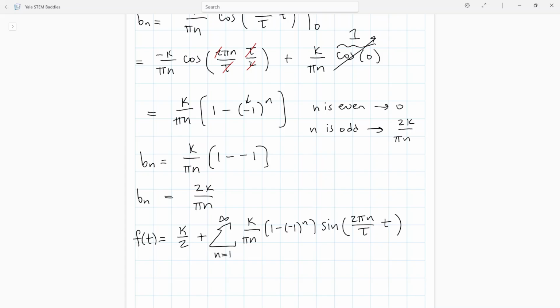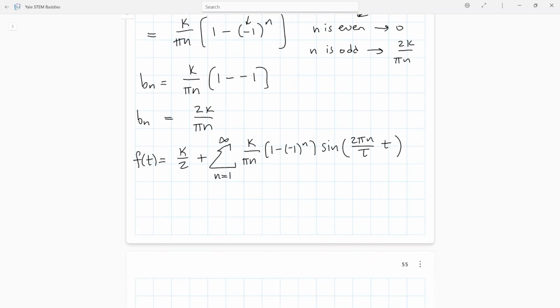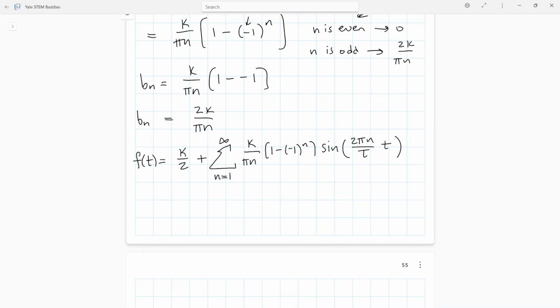We can also simplify this a little bit, because remember, basically all the even values of n don't really matter. They don't contribute anything because they just collapse to 0. So we don't even need the even terms.